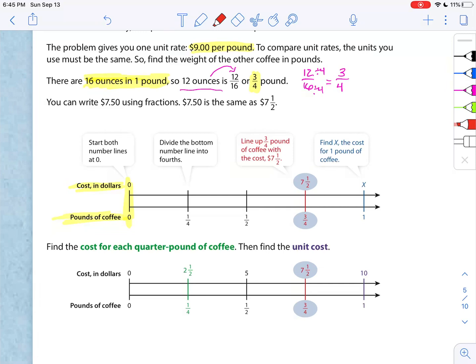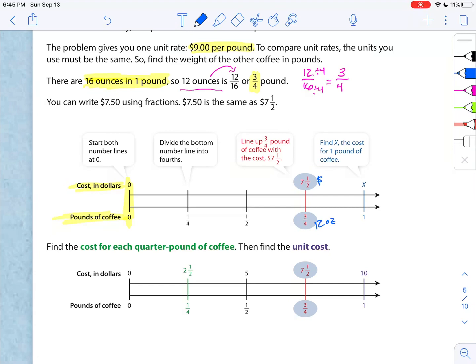So right above the double number line, where we converted that 12 ounces to 3/4 of a pound, costing $7.50. So this is talking about how much it costs for 12 ounces. Remember, this 3/4 of a pound was 12 ounces for $7.50.